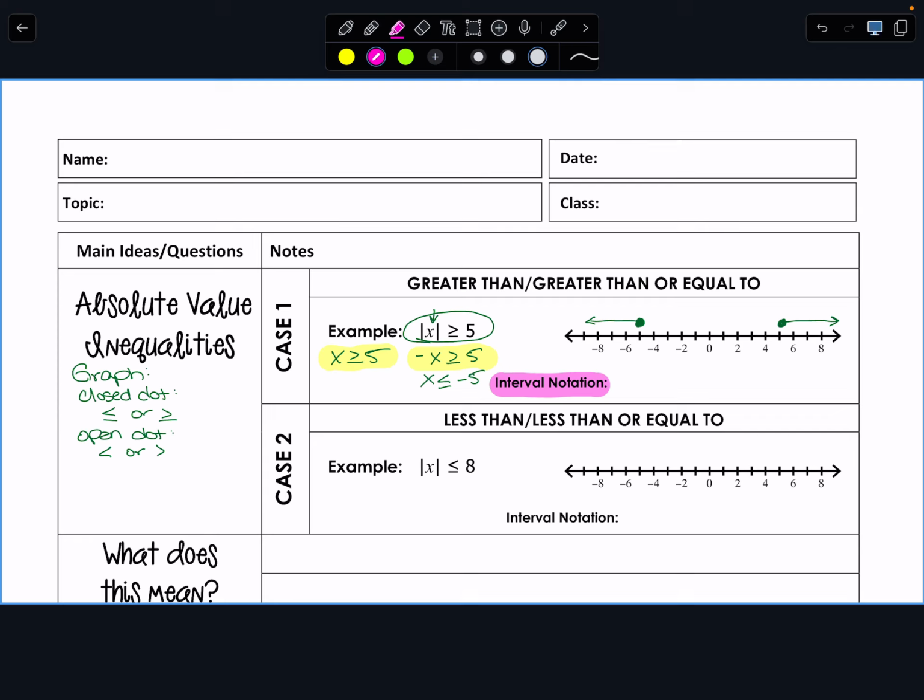So when I write interval notation, it shows me all the solutions I could possibly have. So I could have anything from negative infinity all the way to negative 5. But I cannot be equal to negative infinity, but I can be equal to 5.